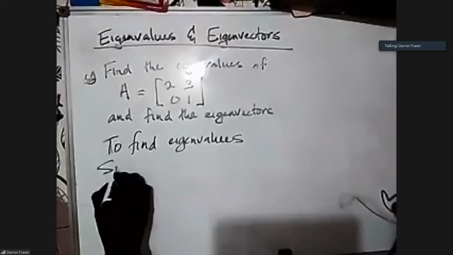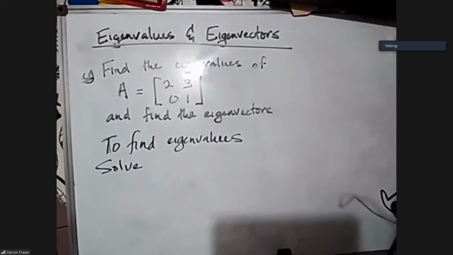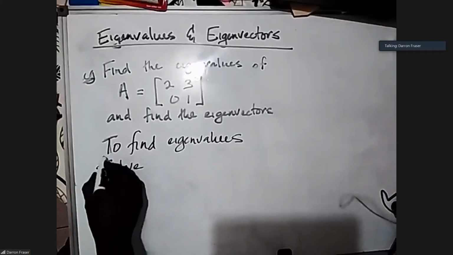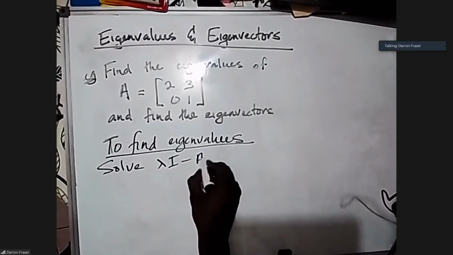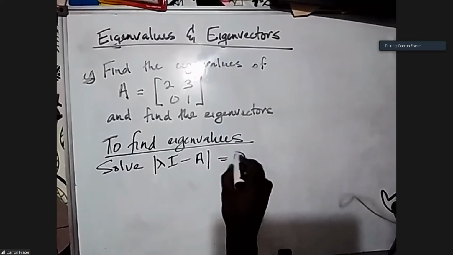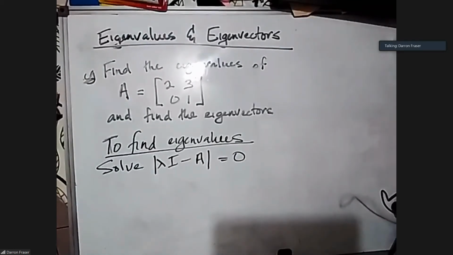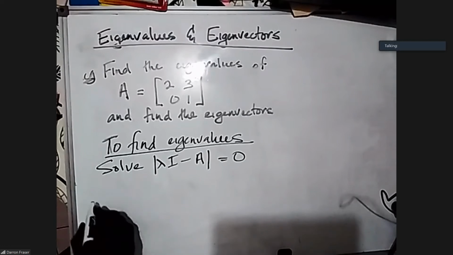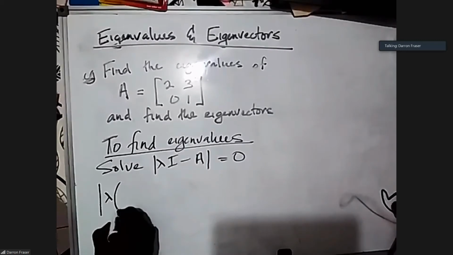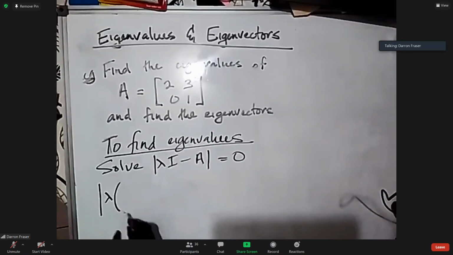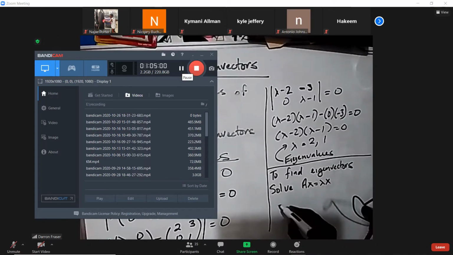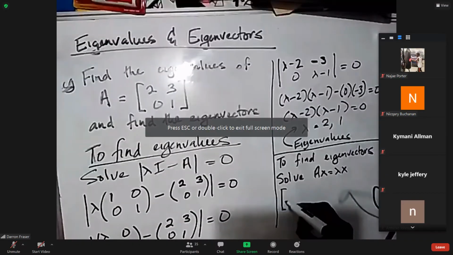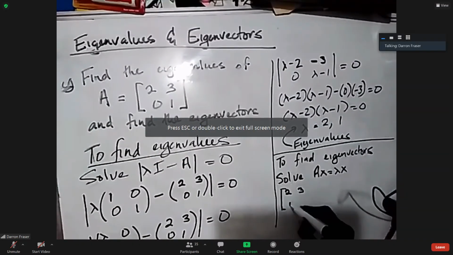I prefer to write it this way. To find eigenvalues, I'm going to solve the equation the modulus of lambda I minus A is equal to 0. That is the equation that I have to solve. So lambda, put in A is 2, 3, 0, 1.